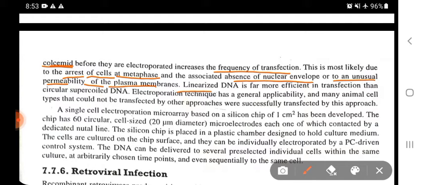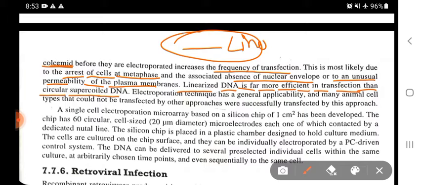Linearized DNA, that means linear DNA, is far more efficient in transfection than circular supercoiled DNA. So linear DNA is preferable for introduction into the target animal cells compared to circular supercoiled DNA.